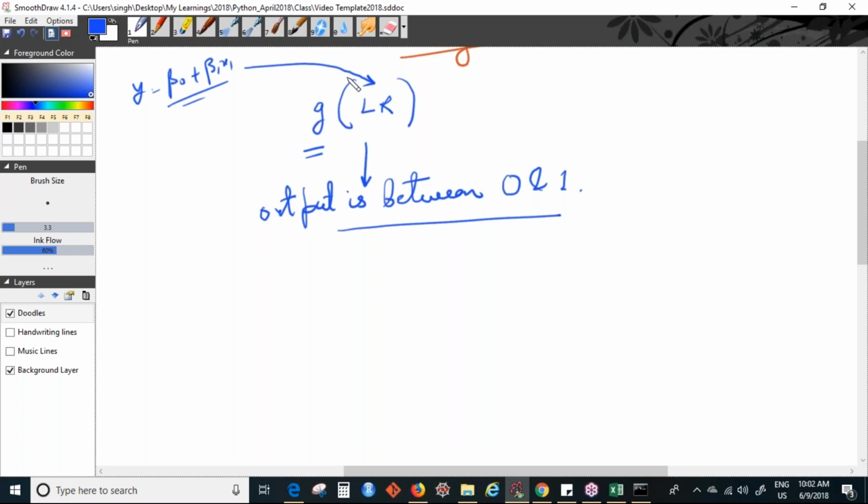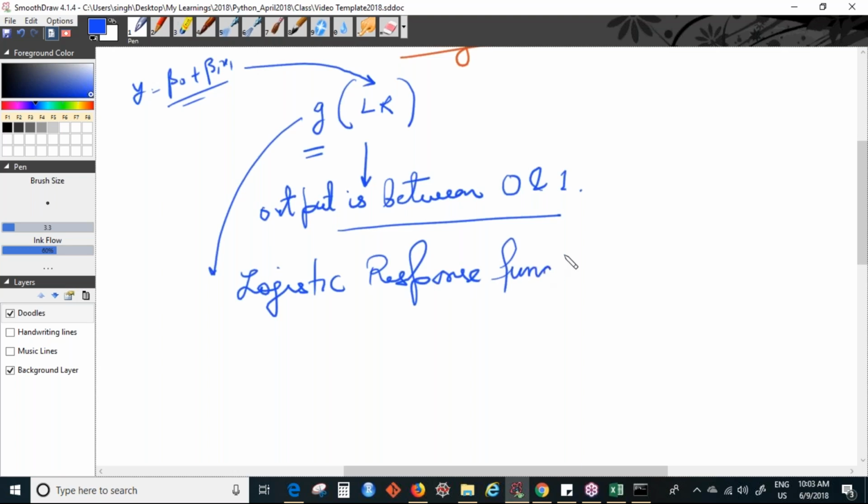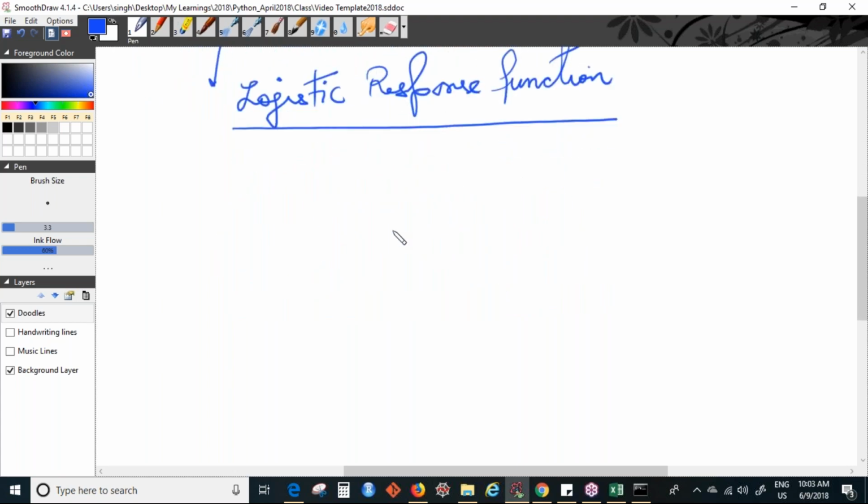Okay, now what is that function? That function g is known as the logistic response function. Let's see what that function is.